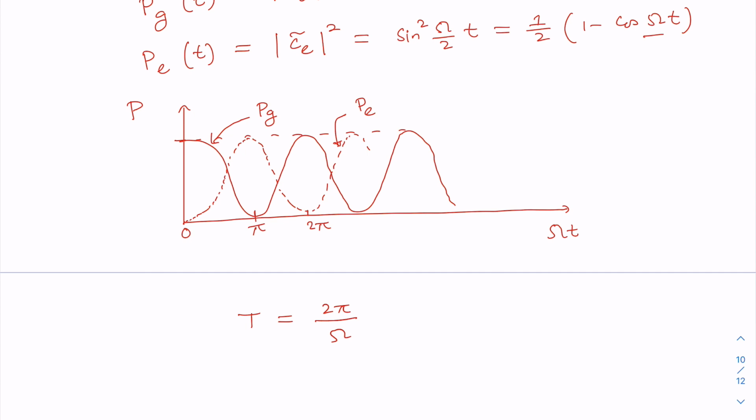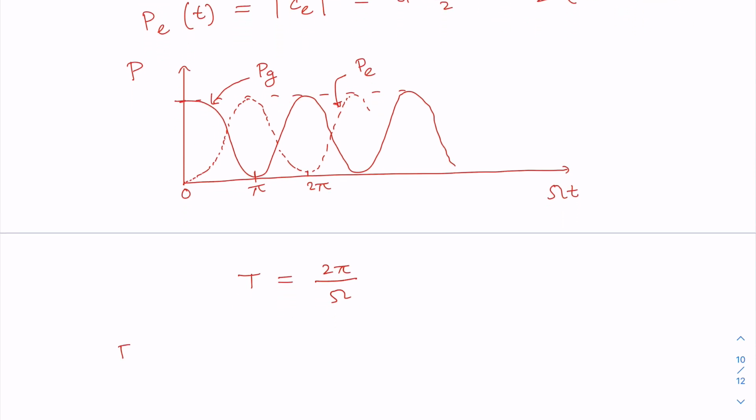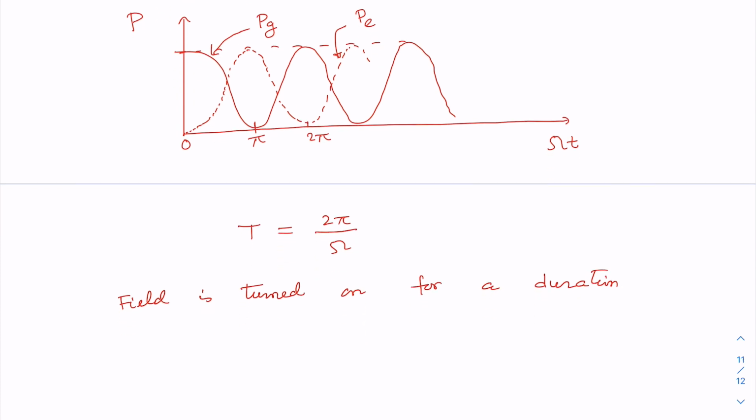Now you can see some interesting facts from this plot. Say if the laser field is turned on for a duration of half of the time period of oscillation, then the product of the Rabi frequency into time would be equal to pi.